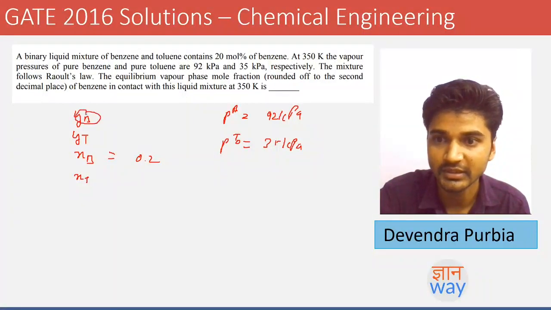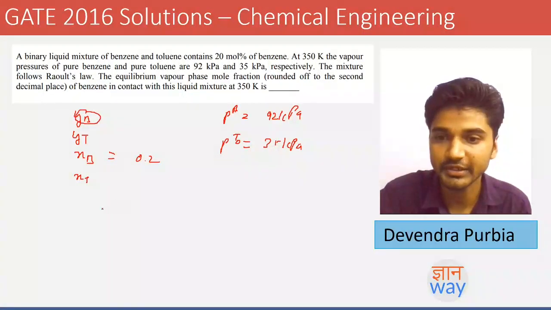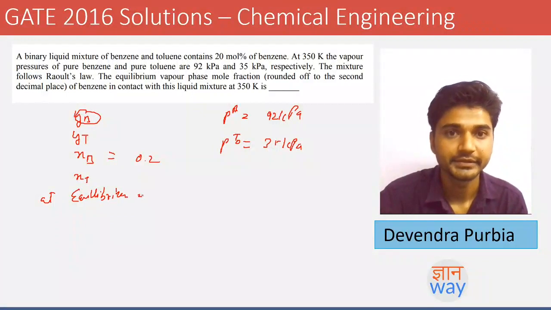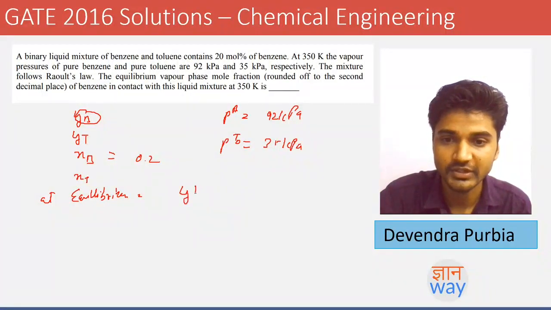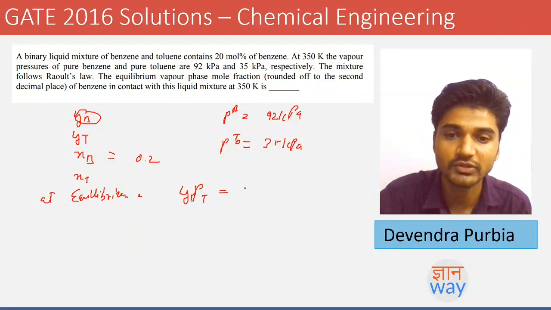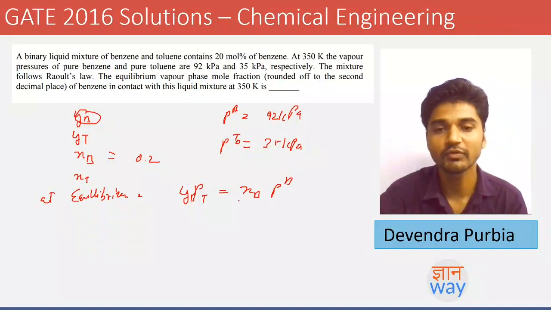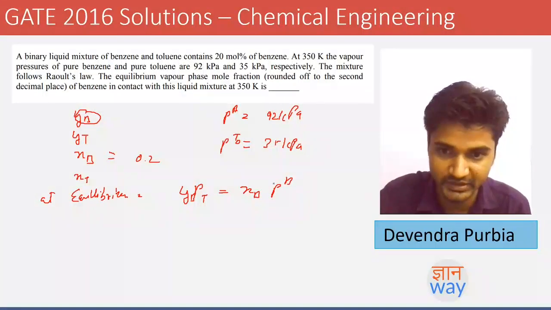So these are the data that are given, and we are supposed to calculate the equilibrium mole fraction of benzene, that is yb. So we will apply Raoult's law at equilibrium. Raoult's law for an ideal solution is given as yb times P total equals xb times the vapor pressure of benzene.